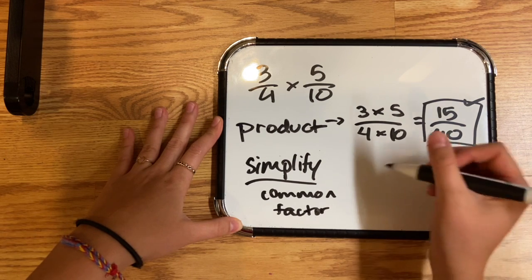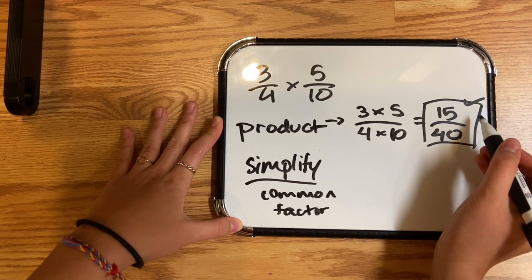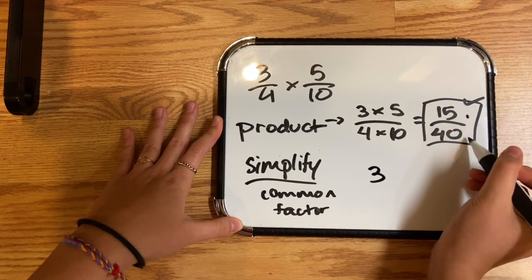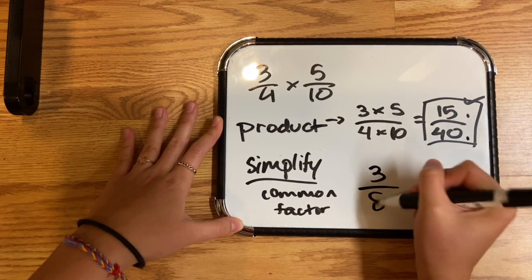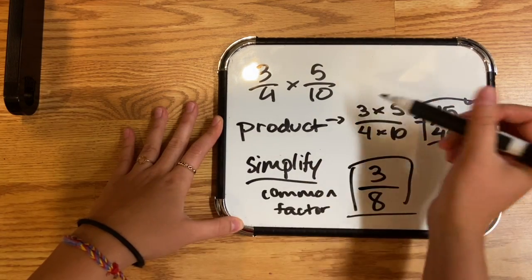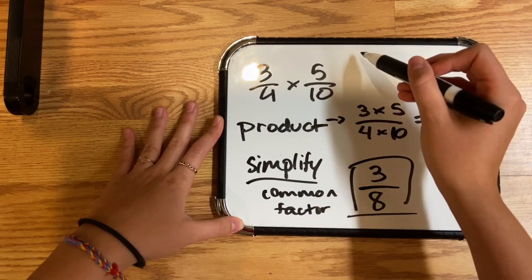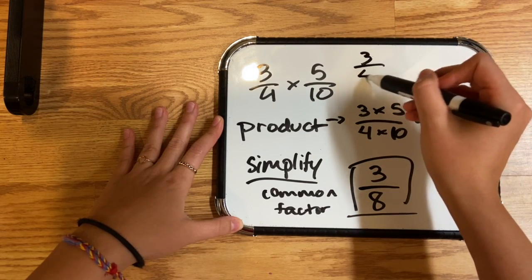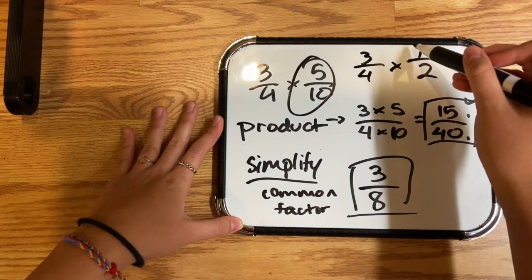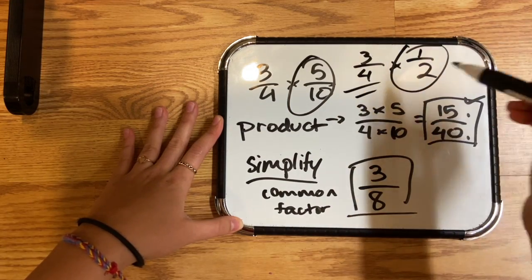So we will divide each of them individually by 5. We say 15 divided by 5 is 3, and 40 divided by 5 is 8. Hey, that's really similar to the last problem. That's because when you look at this problem, it's basically saying 3/4 times 1/2, because 5/10 and 1/2 are equal.